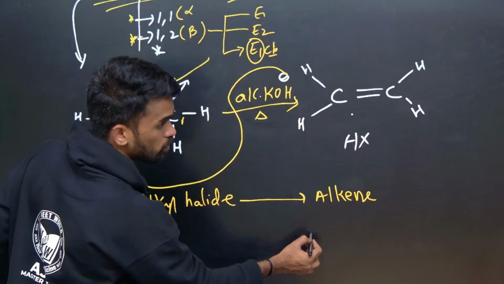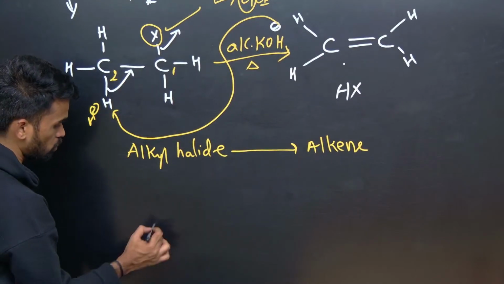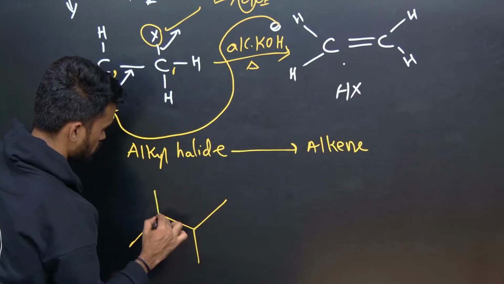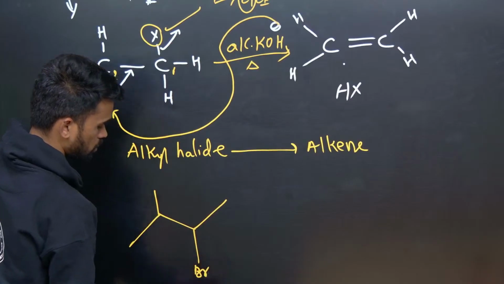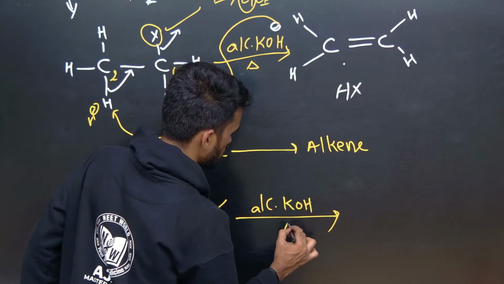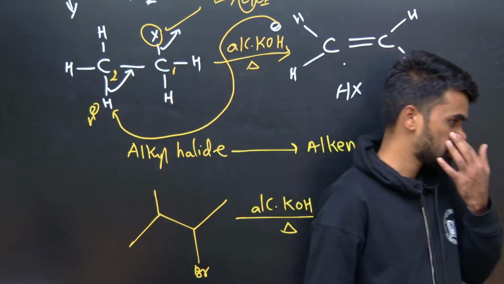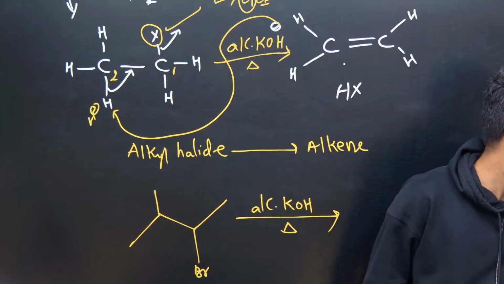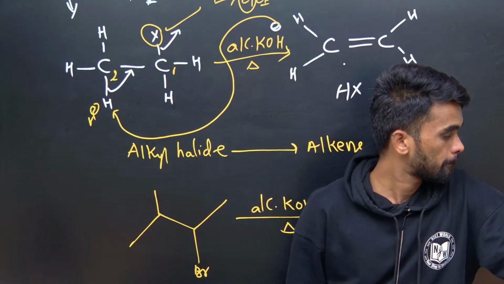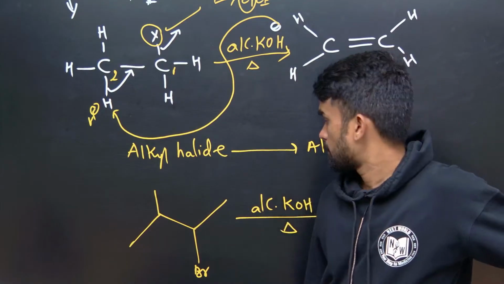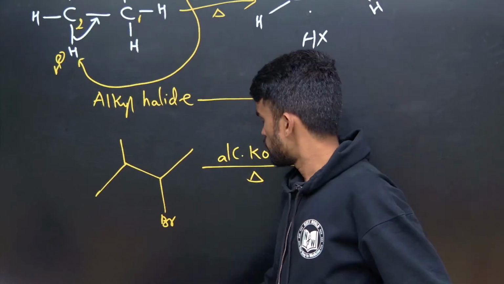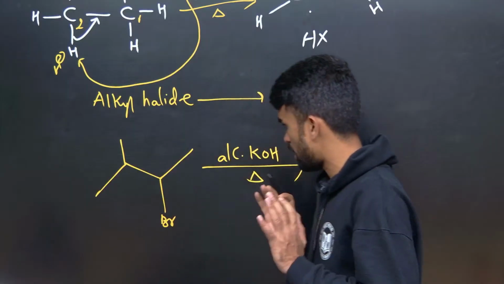Now I will give you one example, just to make you more clear with this. Here I am writing Br, and here I am using alcoholic KOH, heating condition. So tell me, what is the product we can expect in this reaction? First of all, you need to identify what kind of reaction.